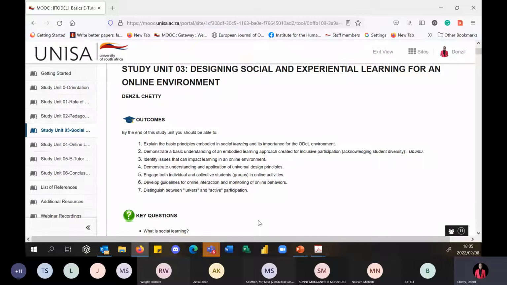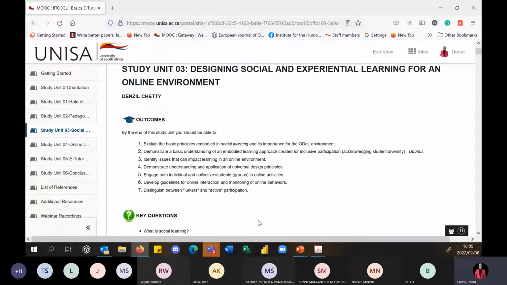What do we mean by an embodied learner approach, and specifically how does this impact the online learning environment? We also want to see that you have an idea of the principles of designing online spaces using the universal design principles. We also want to look at how you think of designing online activities and collective student groups, but more specifically, how you design or think of online interaction and monitoring of online behavior.